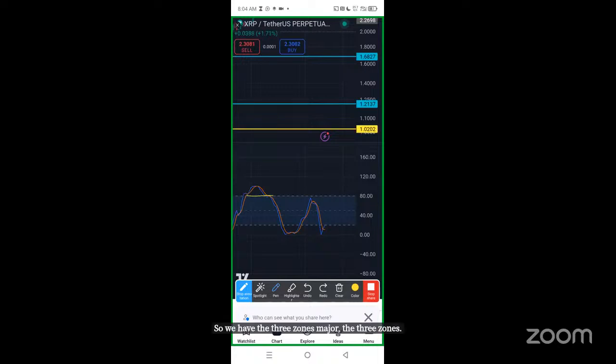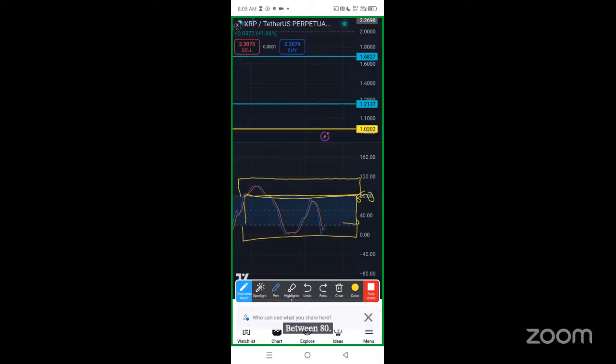We have this zone above the 80% band, and then we have this zone below the 20% band. Then we have the middle part, between 80 and 20.